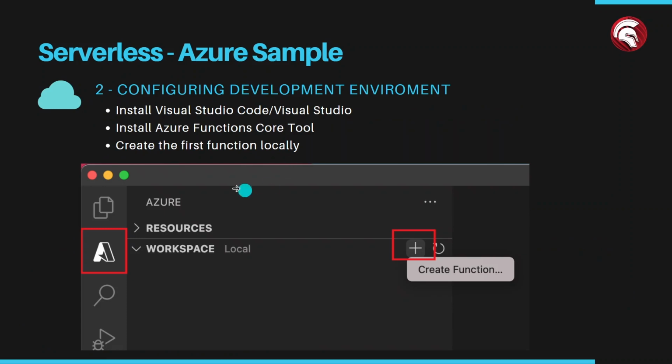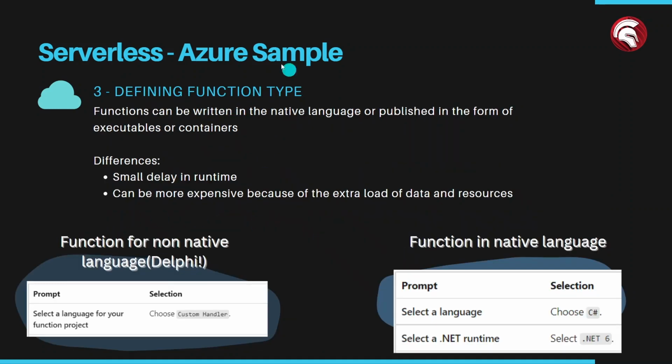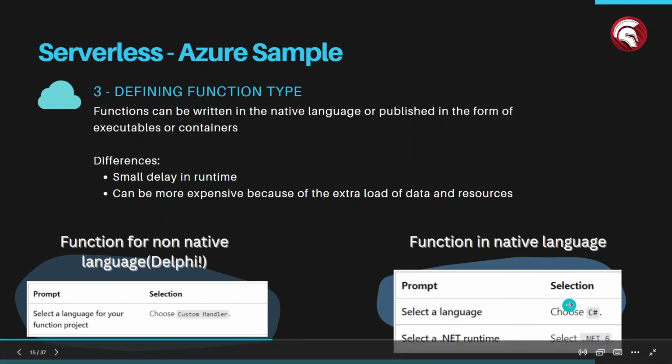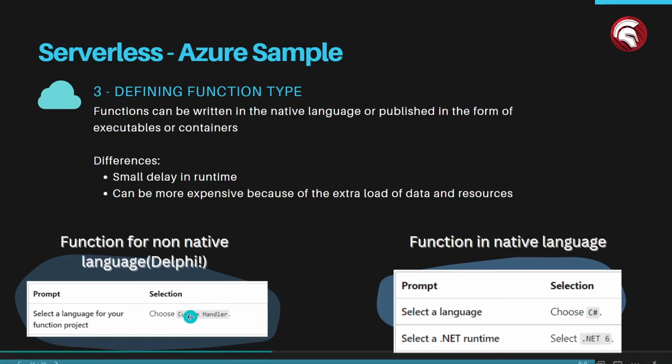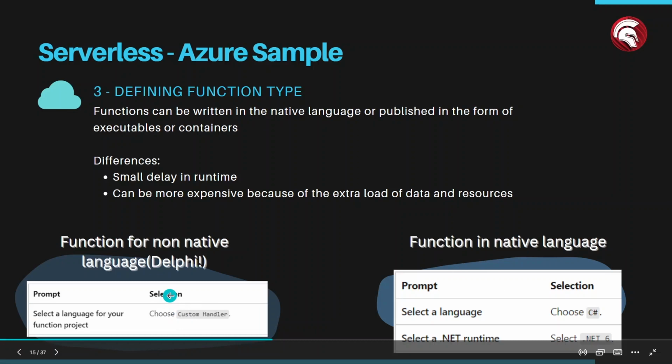When we are creating our first function, we have to choose if we want to write it natively with C Sharp, okay, or if we want to use some custom handler like with Delphi, so we go this way.